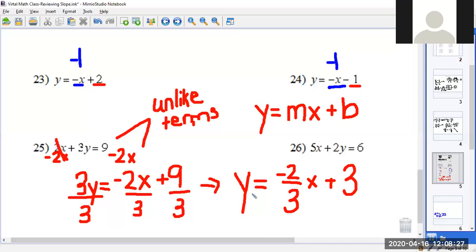So I am left with y is equal to negative 2/3 x plus 3. Okay, so now we can identify what our slope is. So tell me, Mr. McFadden, what number is my slope?